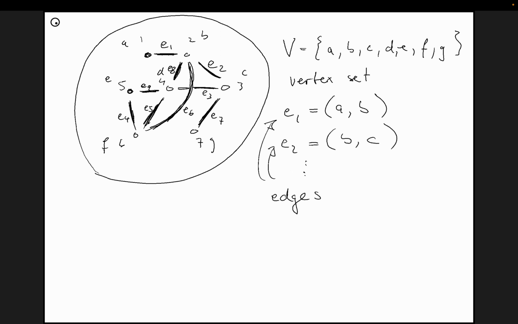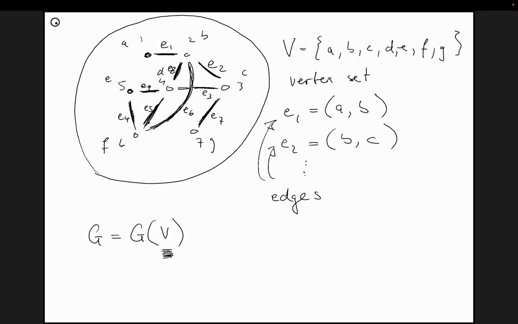A graph we denote with G, and we can also put a V next to the G just to indicate that it's built out of that certain vertex set here.